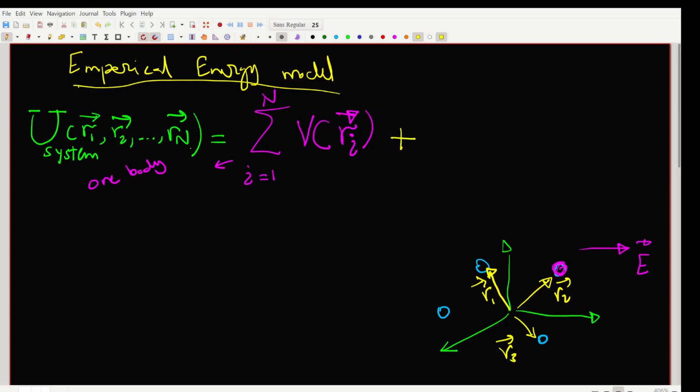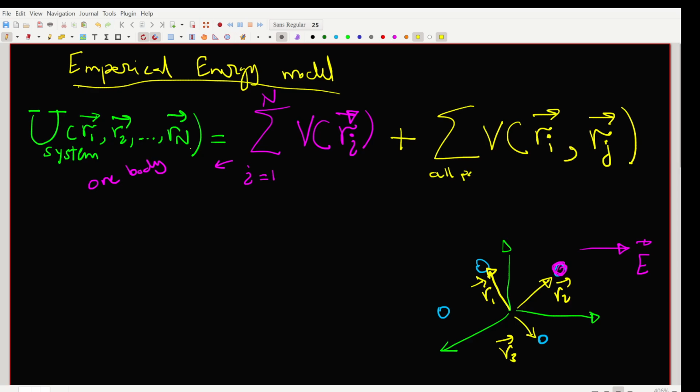Next, the second, and in fact the most important term, is a potential energy term, but it's a two-body term. So it's a function of the position vector of atom number i and atom number j. And there is a sum also here, but this is a sum over all pairs.